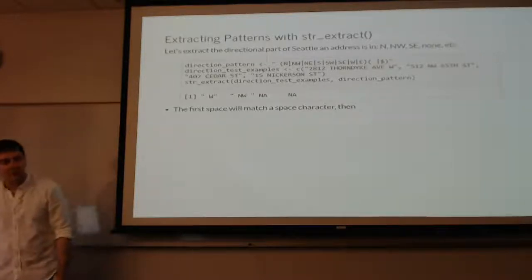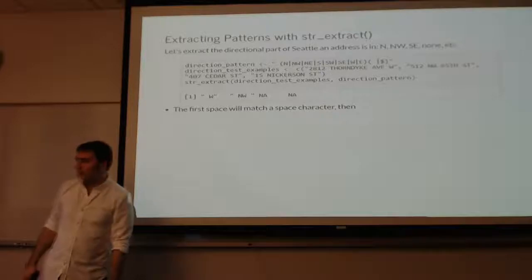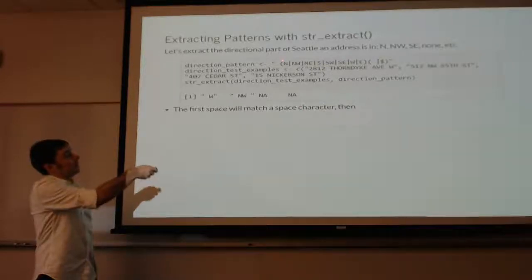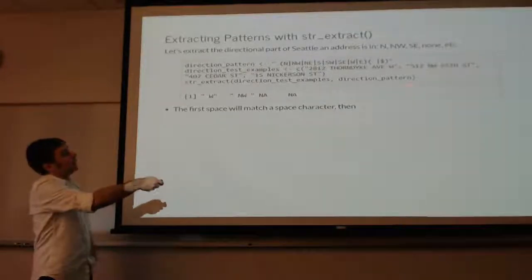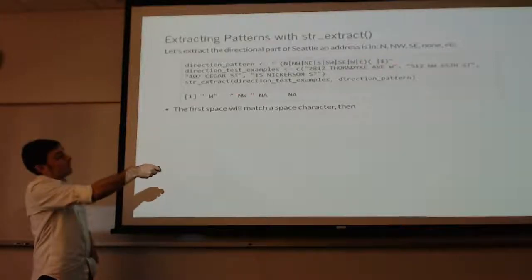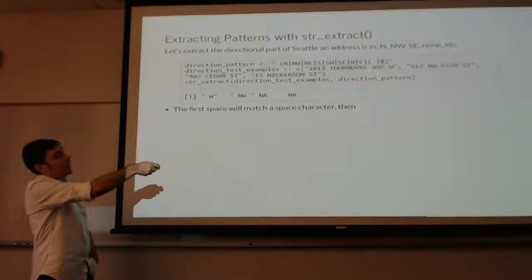The way this works, as I described, is that the first space in our pattern matches a space character. In the Thorndike Avenue West case, it's matching this space here. It would also match this space here, but that space then has to be followed by one of these directionals, and it isn't, so it's just going to match it there.